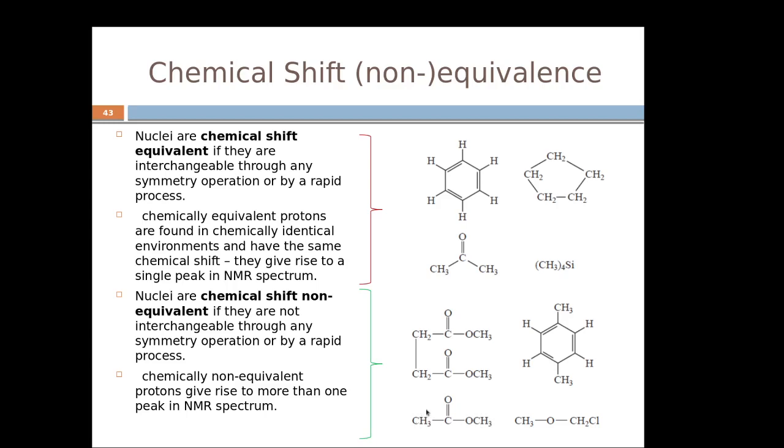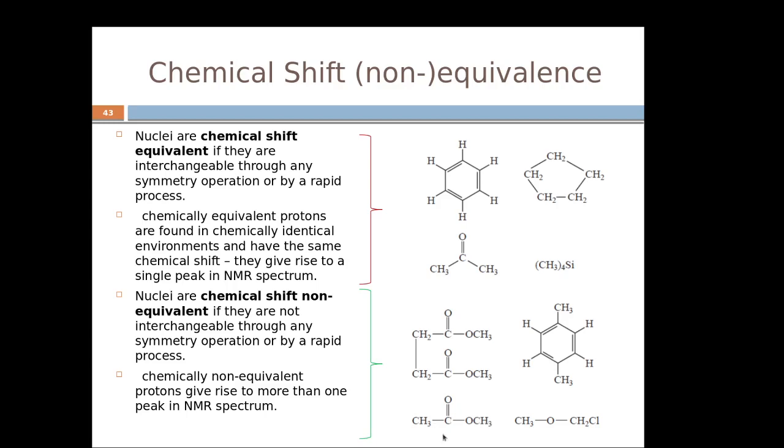These 3 methyl protons will give a single peak in the NMR spectrum at a particular frequency, let's call that frequency nu1. Whereas these methyl protons, which are in a different chemical environment compared to those protons, will again give a single peak in the NMR spectrum, but at a different frequency, say nu2.